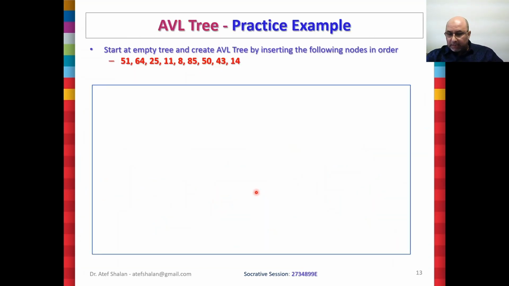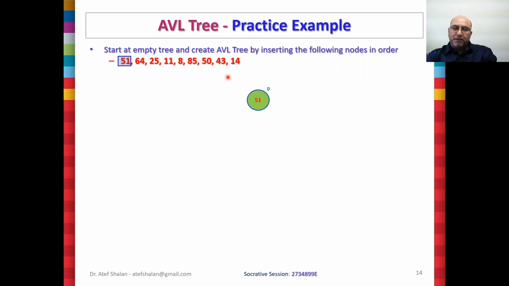Well, that is almost all I want to say. Now I just want to run this quick example to create an AVL tree based on some list of numbers. So we just start by creating the first node 51, then we create the second node 54, of course 64. 64 is larger than 51, so I insert it on the right.